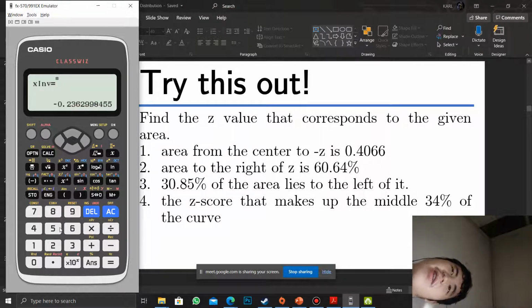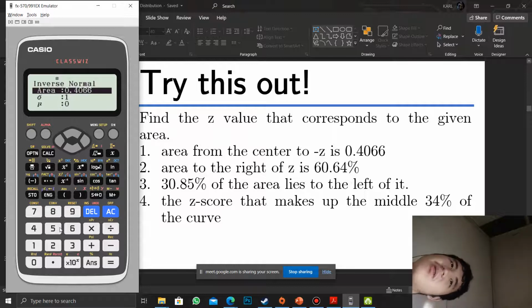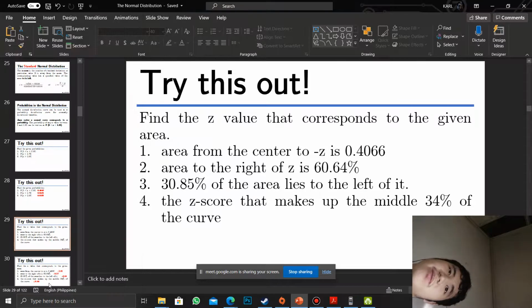Oh, yung number 2, paano? Area to the right of z is 60.64. Eh, di ba itong function natin, it only takes areas to the left. So, kung isipin natin, let's get the area to the left, no? 1 minus 0.6064. Negative 0.27. No?